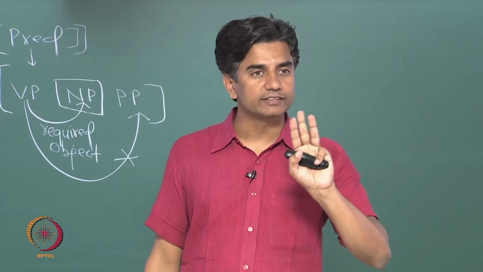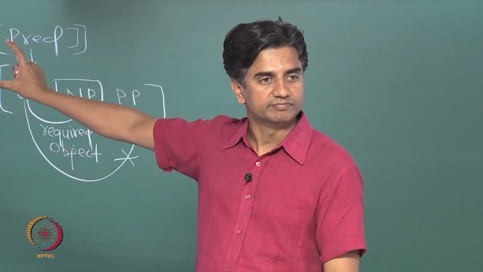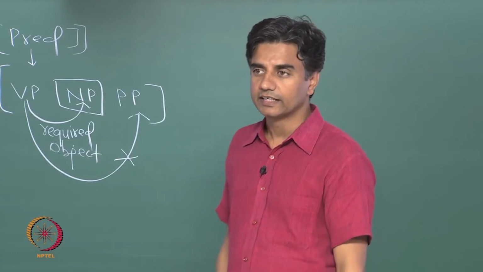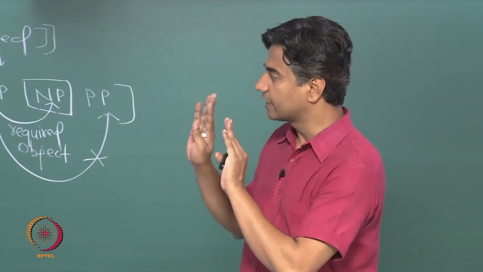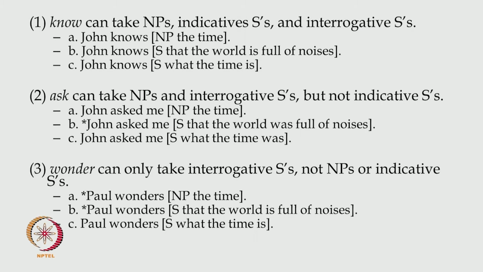It can only have these three things, right? If you look at it carefully, it's not really scary. What it needs is, as its complement, it can sub-categorize for an NP, right? And in that case, the sentence will be something like, John knows the time.